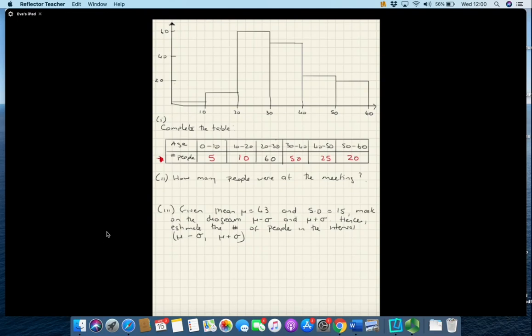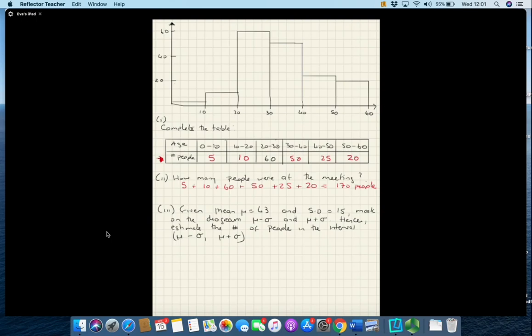Well, you just add them up. 5 plus 10 plus 60 plus 50 plus 25 plus 20 equals, 5 and 10 is 15, so 110, plus 45, 170 people. Okay, so those parts not too bad.